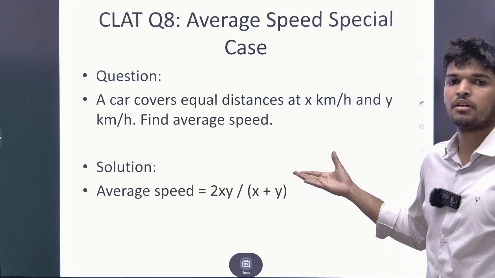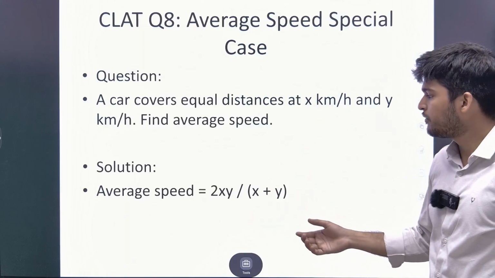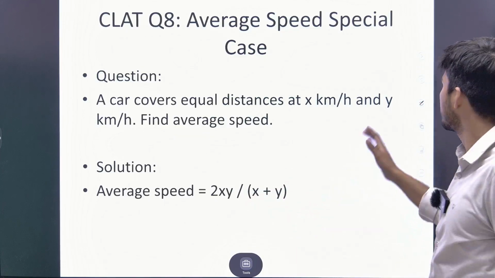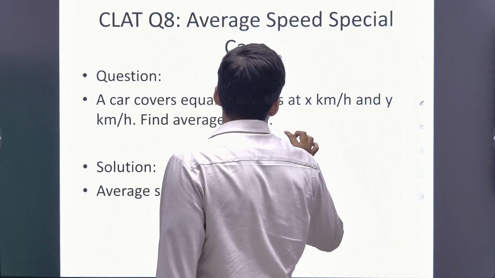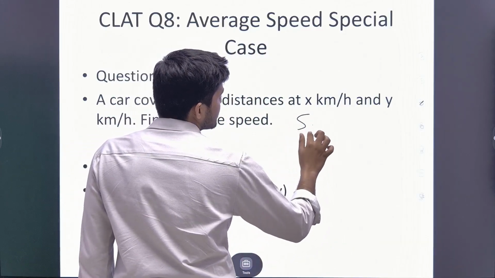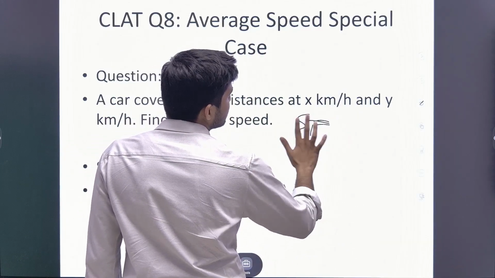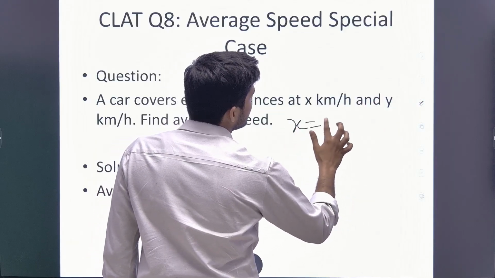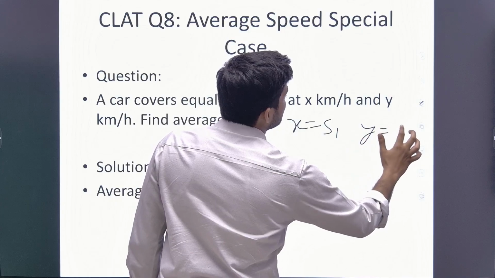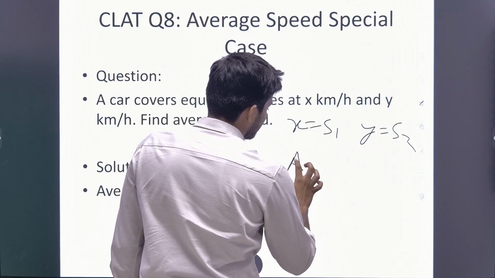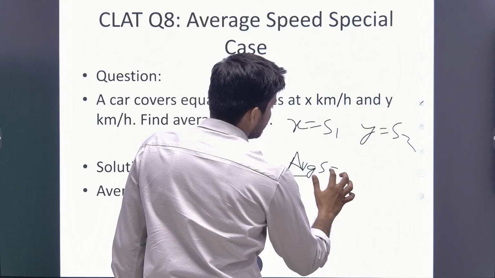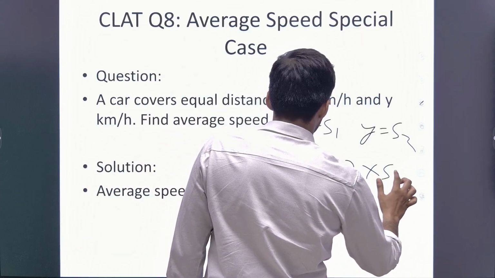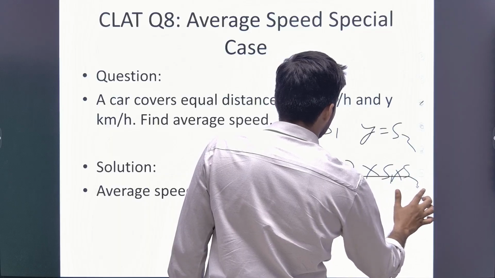The formula applicable to calculate the average speed would be 2 into x into y divided by x plus y, which is also written using the variables s1 and s2, x being s1 while y being s2. So the formula of average speed would be 2 into s1 into s2.